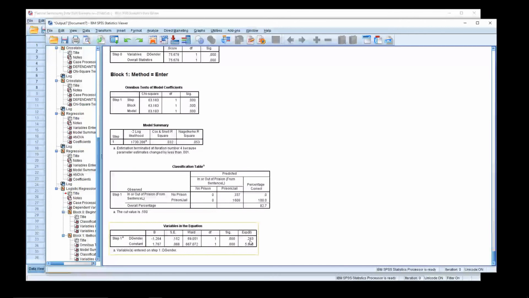Okay, and all I did is I took this 0.283 and raised it to the exponent -1, and I got 3.5. But keep in mind, you always start off at 1. If this said 1, then that would be no higher, no lower. It's 1-to-1 odds. But this is 3.5, so it's basically 1 to 3.5 odds. So that's 2.5 times more likely to be going to prison.